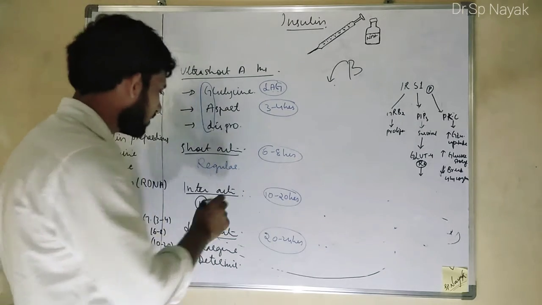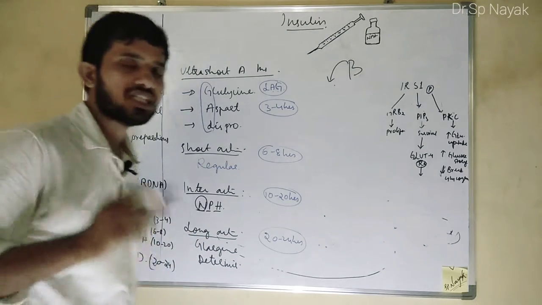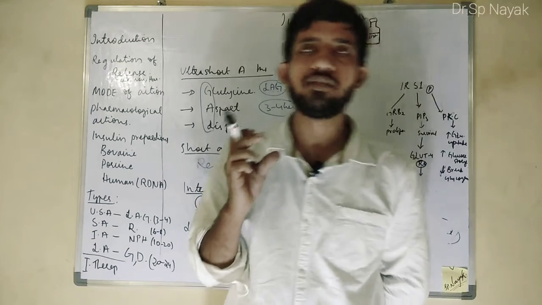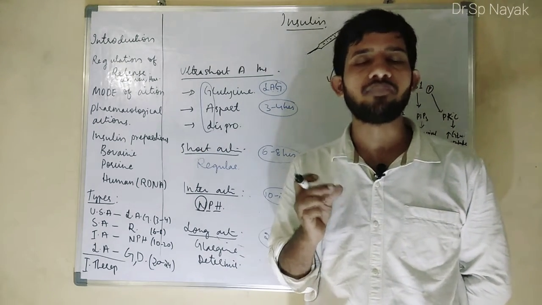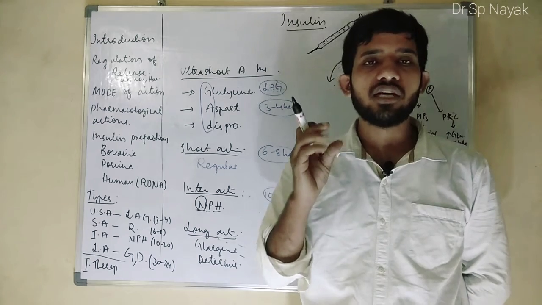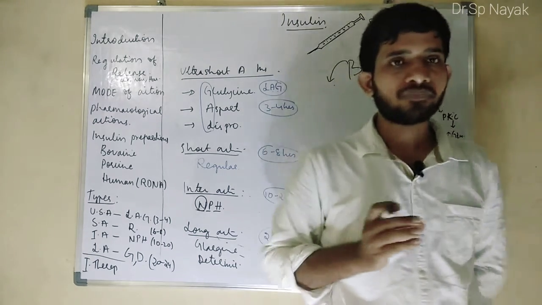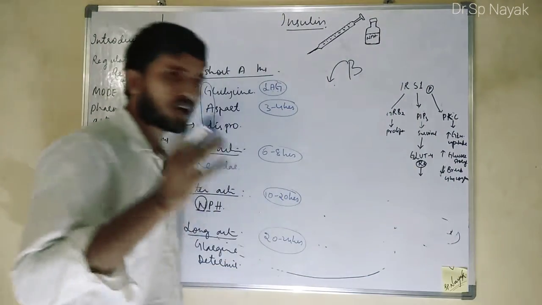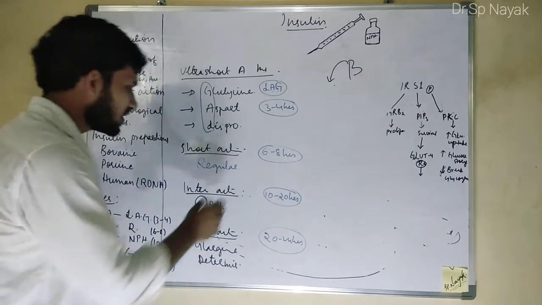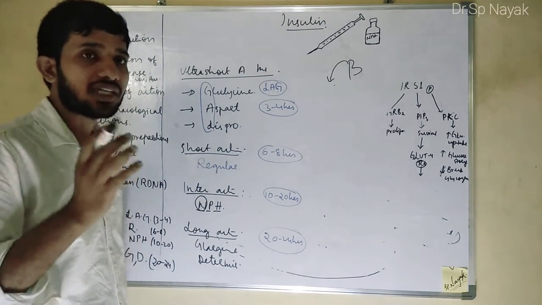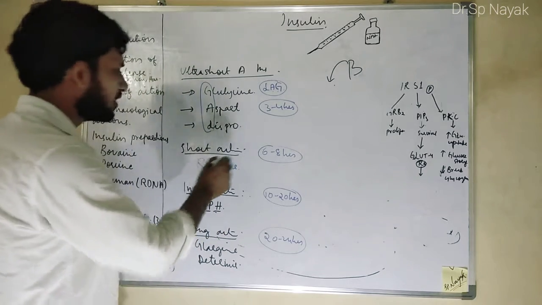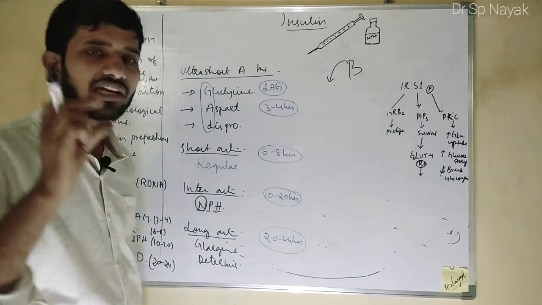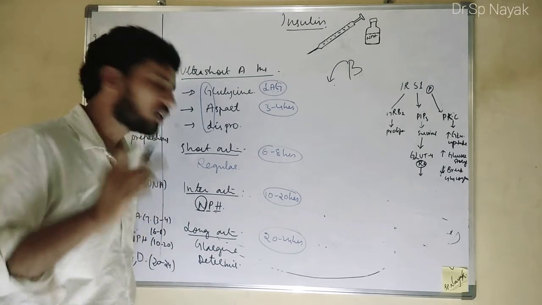This intermediate acting NPH insulin has a milk-like appearance. It is not clear like water, but cloudy in nature. Regular insulin, on the other hand, is very clear and like water.